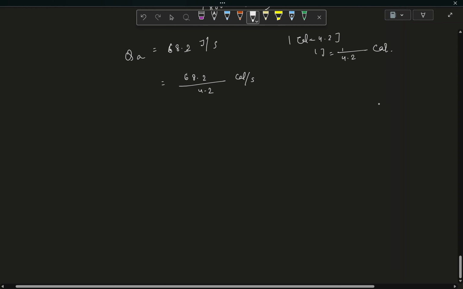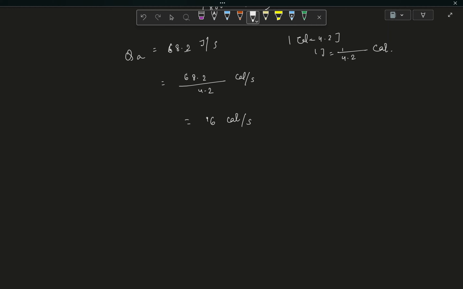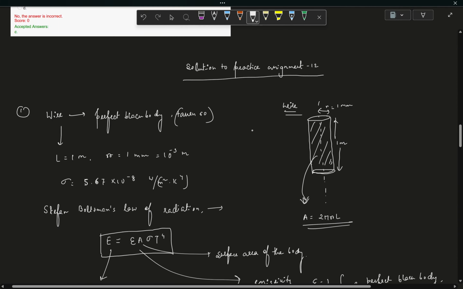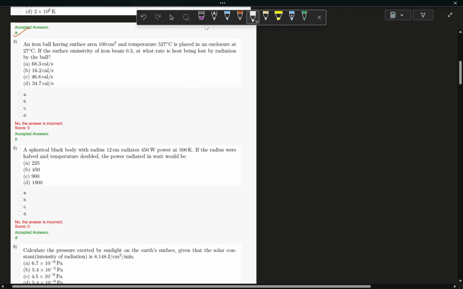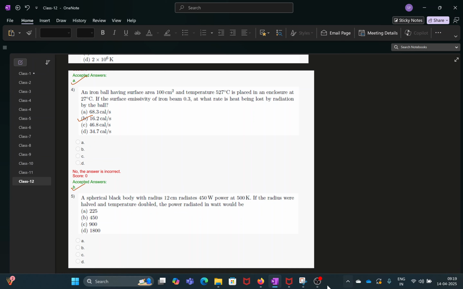So by dividing it you get that this is 16 calorie per second, the heat energy that is radiated by it. So we mark this down, we have got 16, right? So 16 is close to this value, 16.2 calorie per second. So this is also the accepted answer. So with this, question number 4 is also done.